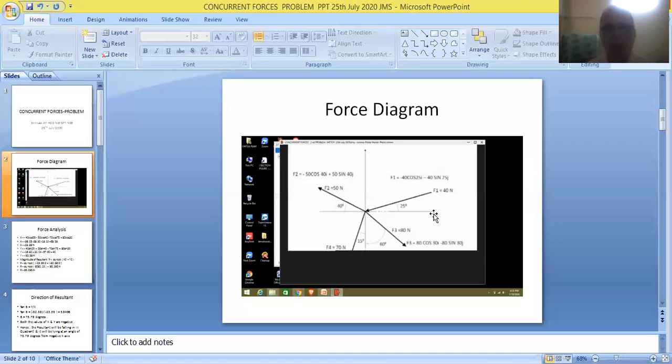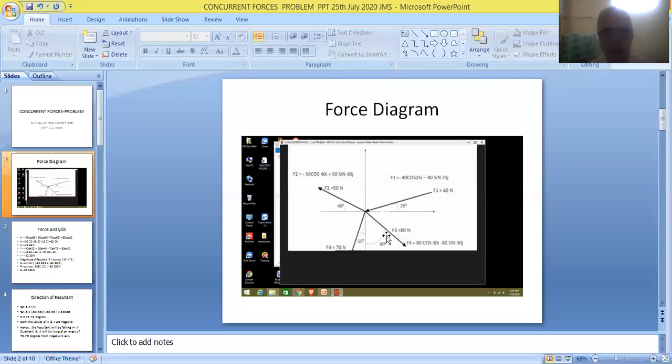Now here, totally four forces are given in this particular figure. This is the first force denoted by F1. This is the second force denoted by F2, this is the third force denoted by F3, and the fourth force denoted by F4.